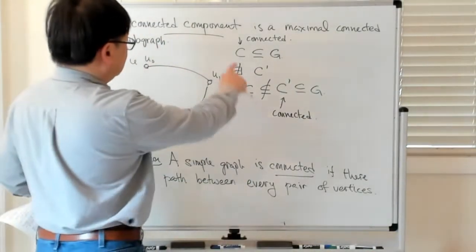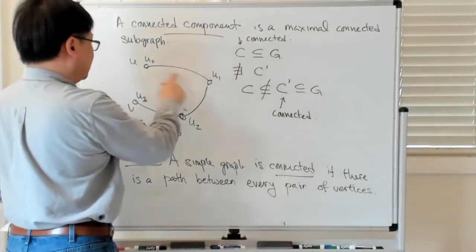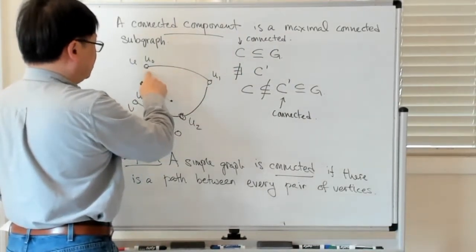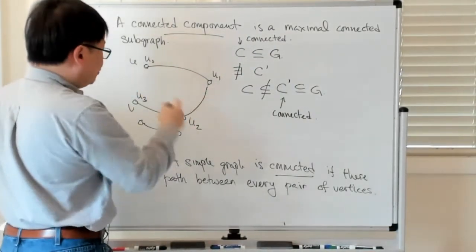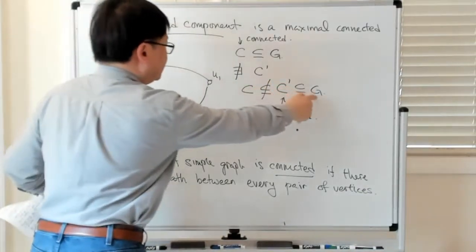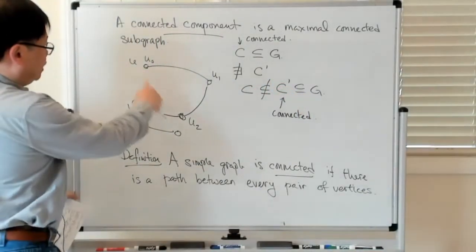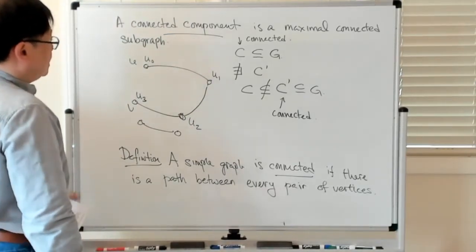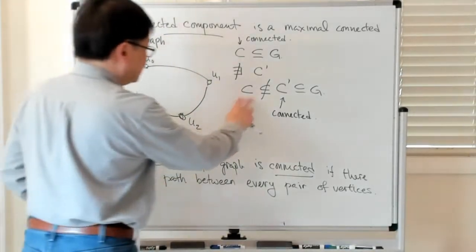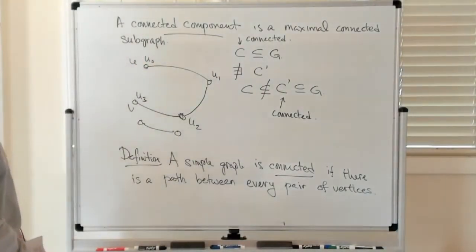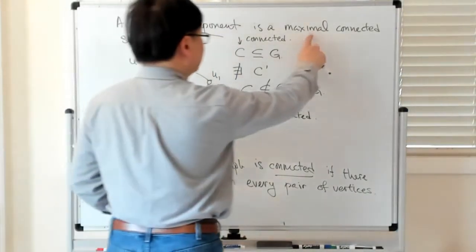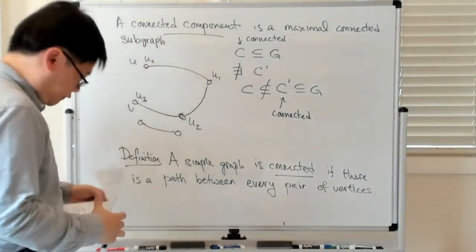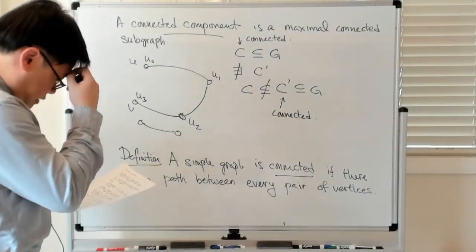What that basically means is that there's no way to add another edge or another vertex from the original graph while still keeping it connected. So this is what is called a connected component, this maximal connected subgraph.